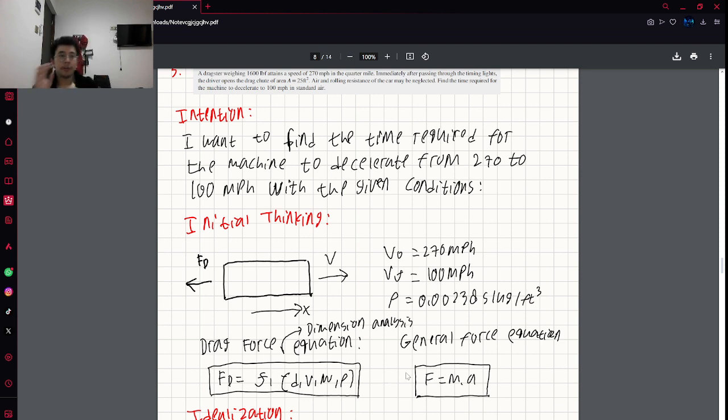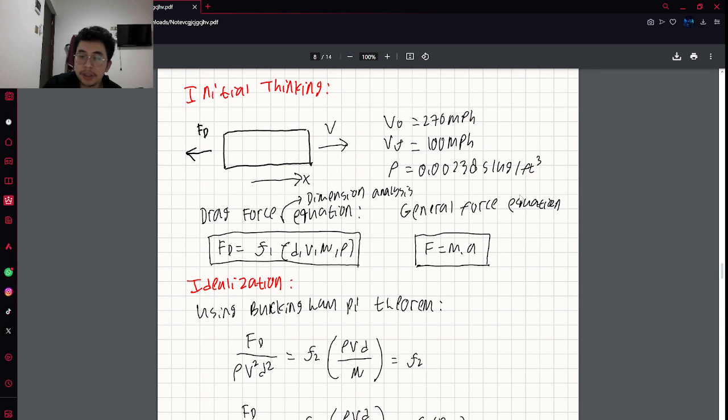And since this is a force, I'm gonna bring the good old physics equation, F equals m times a. This is the general force equation.